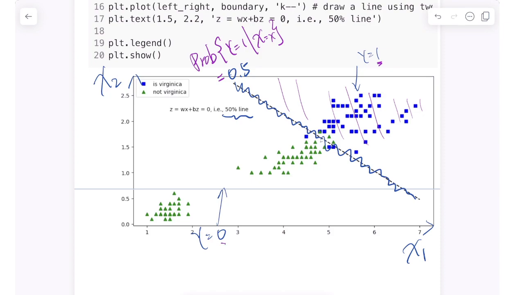So we don't really have to calculate the probability right here, for example that it is 0.4 or 0.1. We don't need to calculate such values to determine which category those data points fall into. What we really need to do is to find this boundary line. That is good enough for classification.